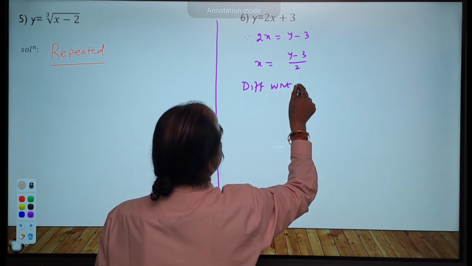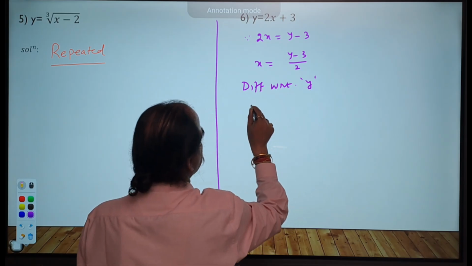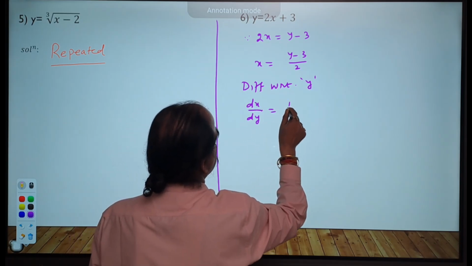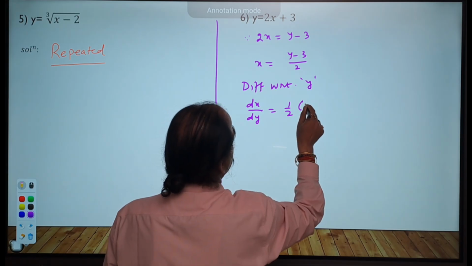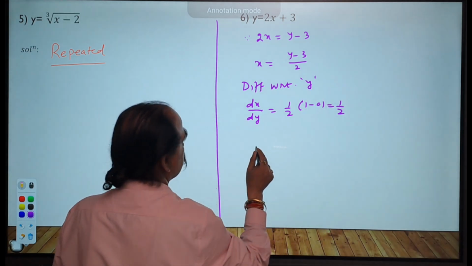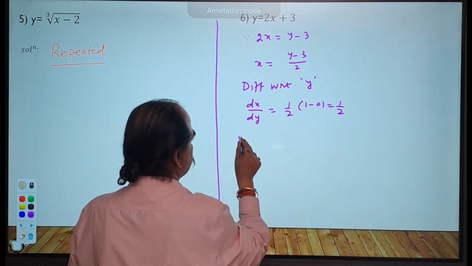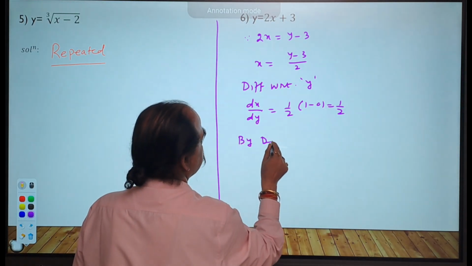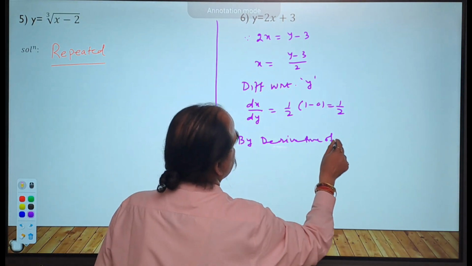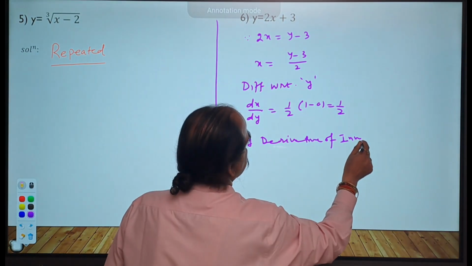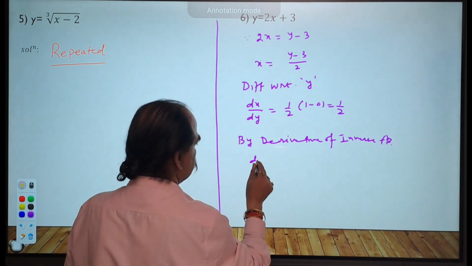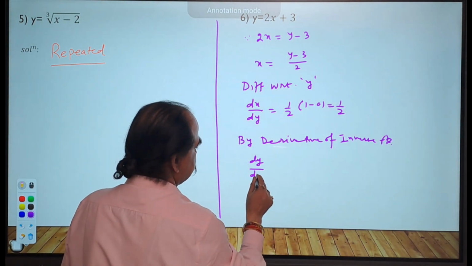Differentiating with respect to y, dx by dy is what? By derivative of inverse function, dy by dx is what?